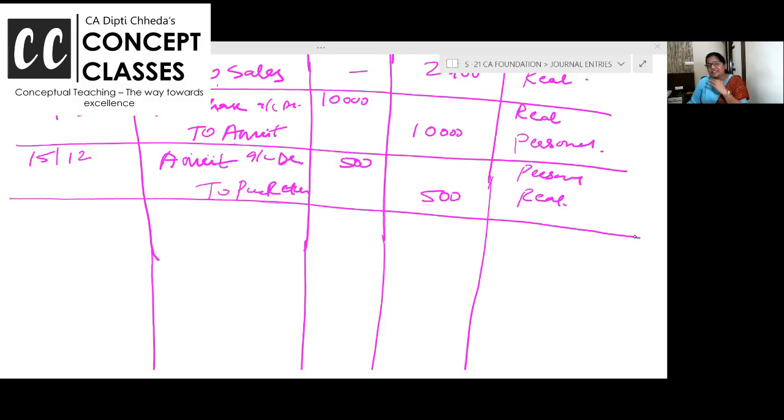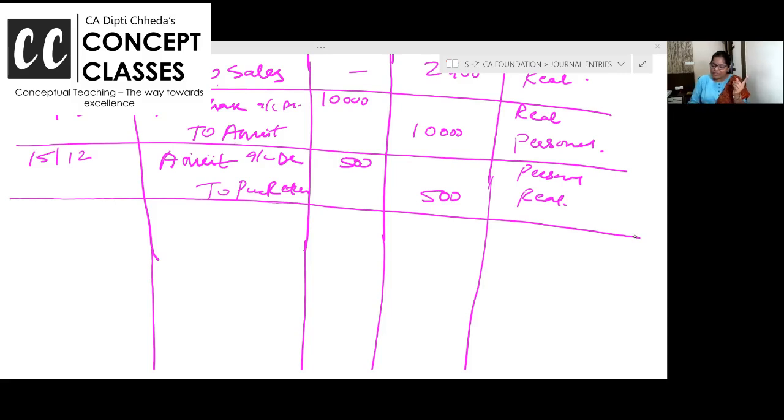Why purchase return? Yes, because purchase return will show separately how many goods have been returned. It's not a good sign whether you are returning goods, or you are doing sales and there is a sales return. So sale and sales return, purchase and purchase return, it's why we need to route it differently.